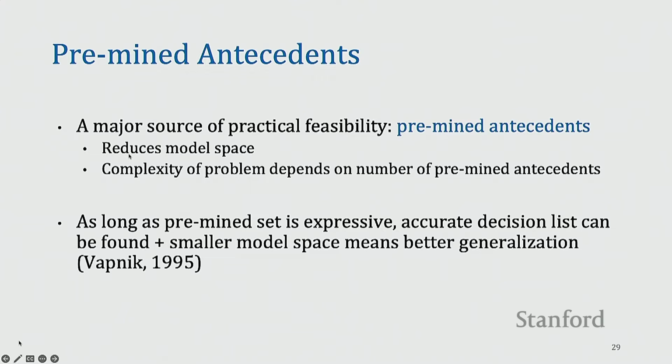So they can control the complexity of the problem through that. And as long as this set of pre-mined antecedents is expressive, you will be able to find an accurate enough decision list. Plus, having that set be small can also help with better generalization. Right? So you need to choose that set carefully in order to find a good or an accurate decision list with this method.